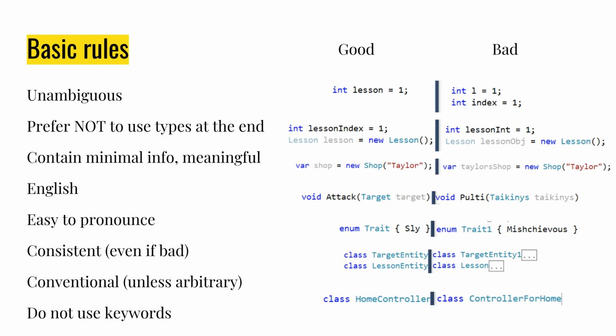But you know that the index is for a lesson. So you shouldn't call it index, you should call it lesson. Because you don't have a lesson object, you just have a lesson index. So index is too abstract, and since you know that the index is for a lesson, you can call it lesson.